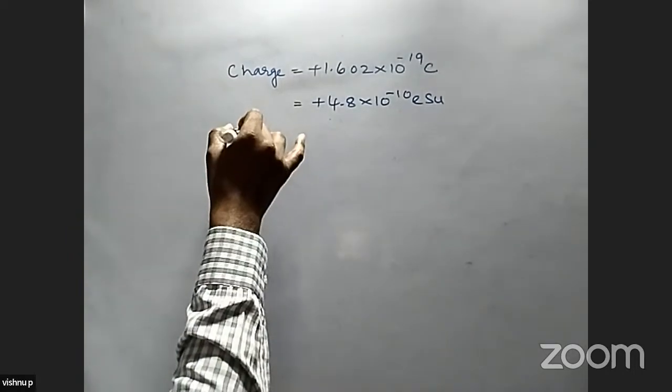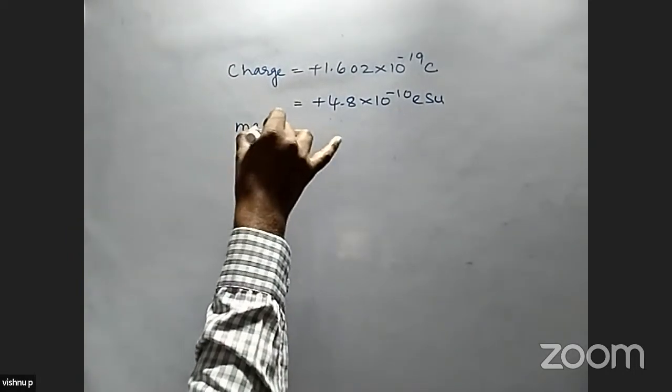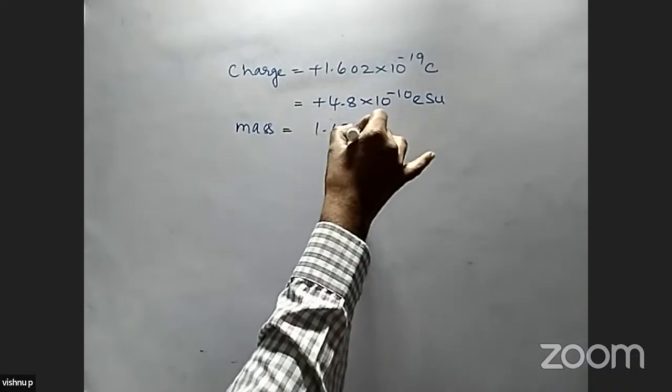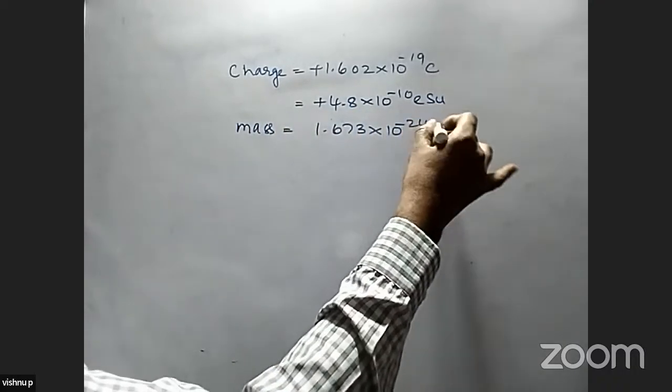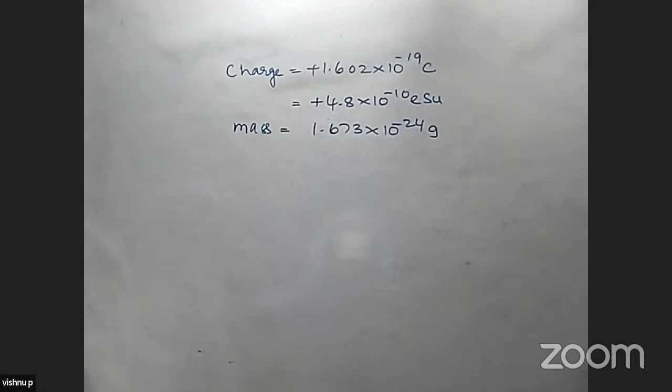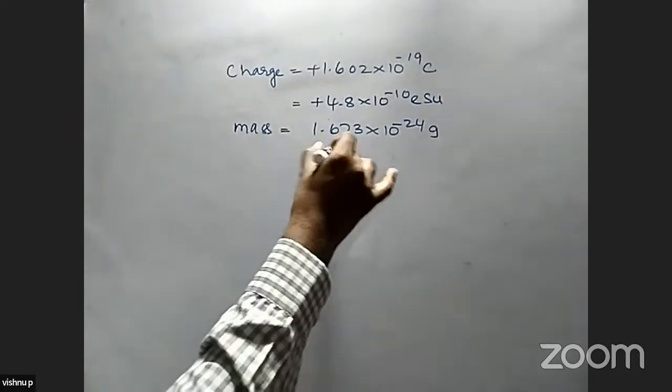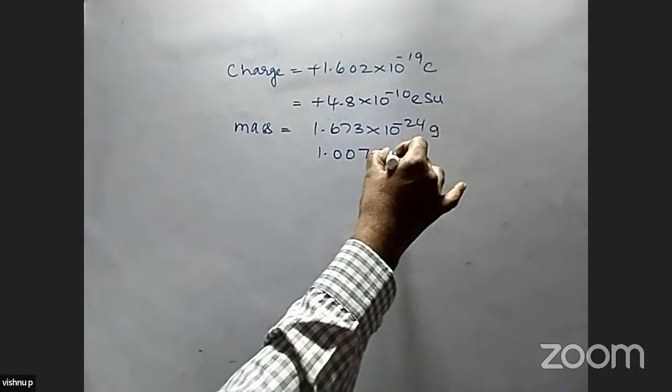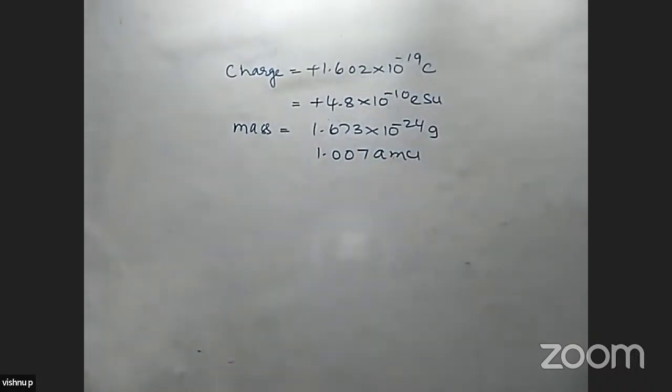And what is the mass of this proton? 1.673 into 10 to the power of minus 24 grams, or 1.007 atomic mass units. This is the charge and mass of a proton.